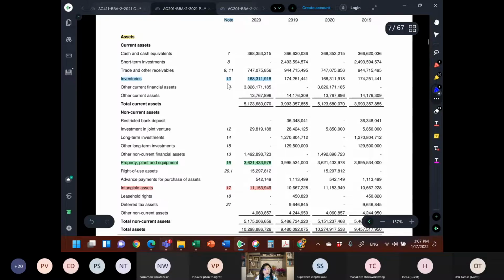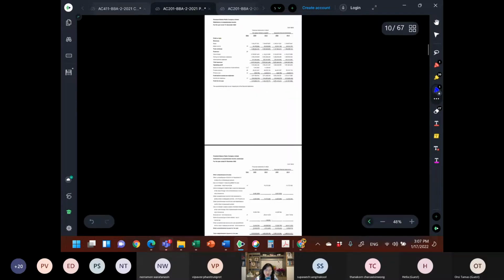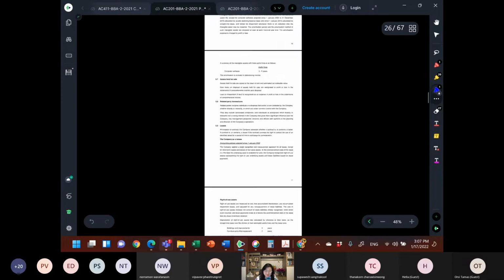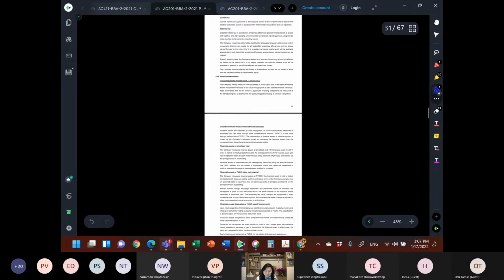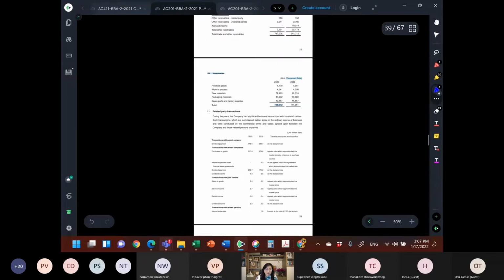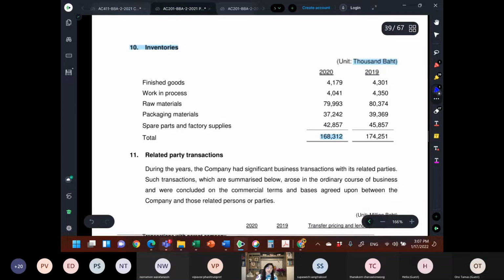So if you want to know more about the inventory, you have to look into the notes disclosure, and it's note number 10. Let me reduce the size a bit because I want to jump to note 10. Over here in note number 10 on the inventory, the number is actually in 1,000 baht.